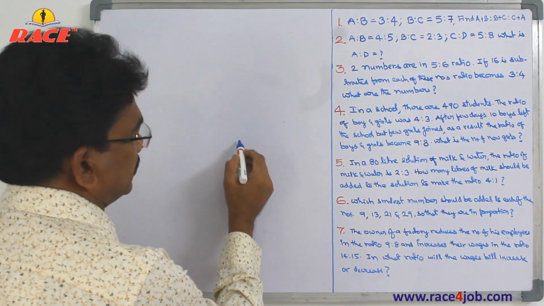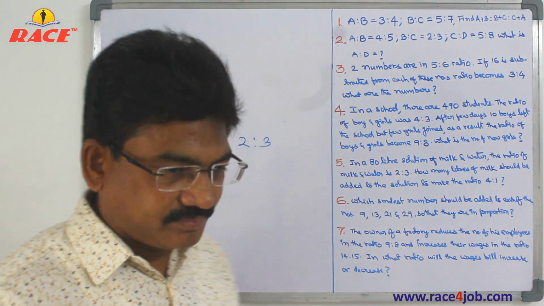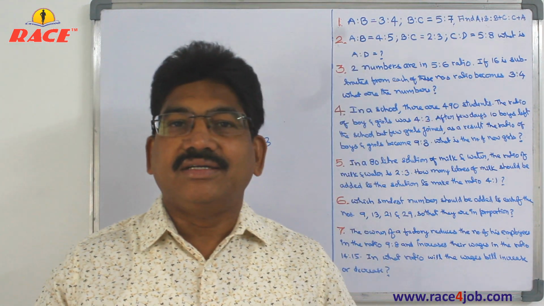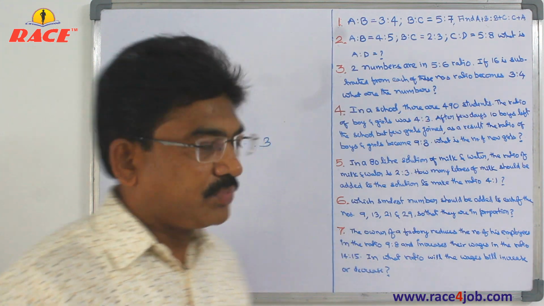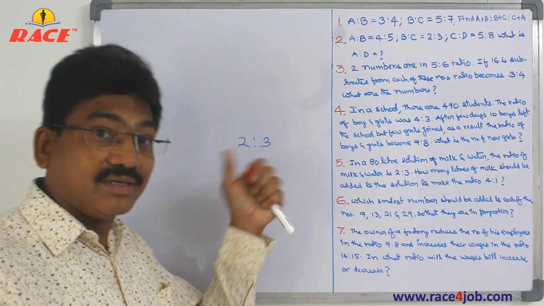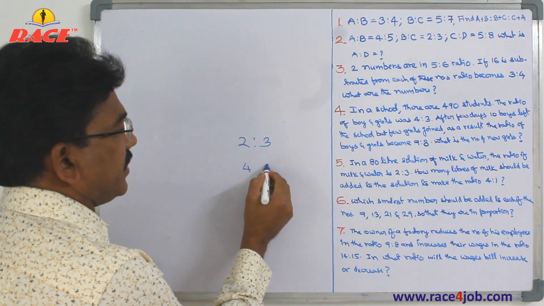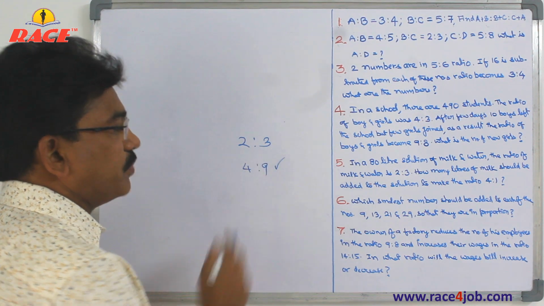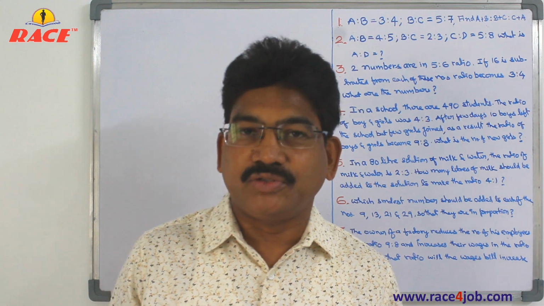Anyway, you had better know some important things. Say, this is the general ratio. And what is duplicate ratio? Duplicate ratio means taking squares of the terms of the ratio: 2 square is 4, 3 square is 9.